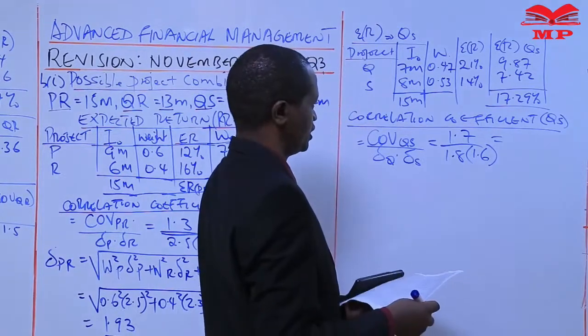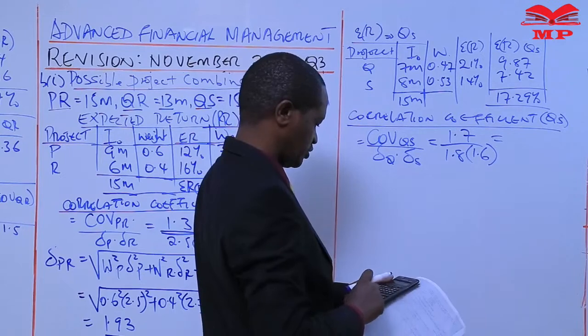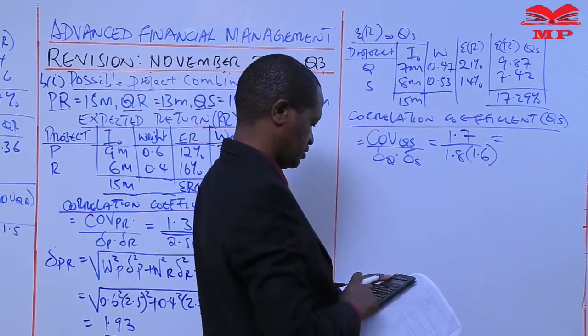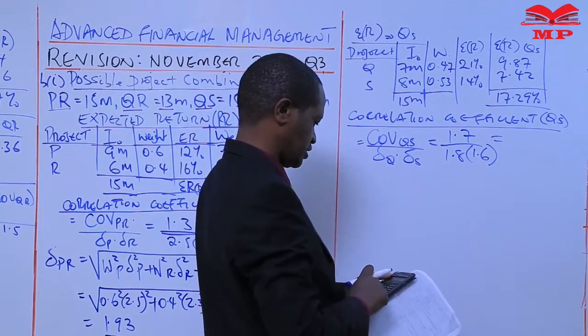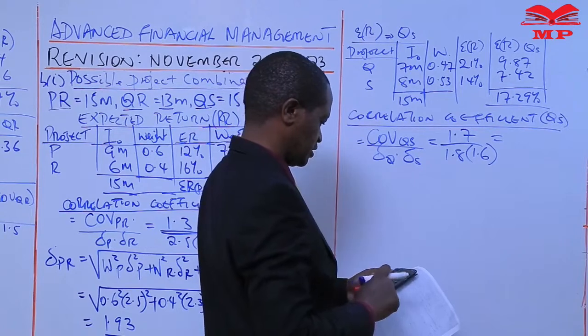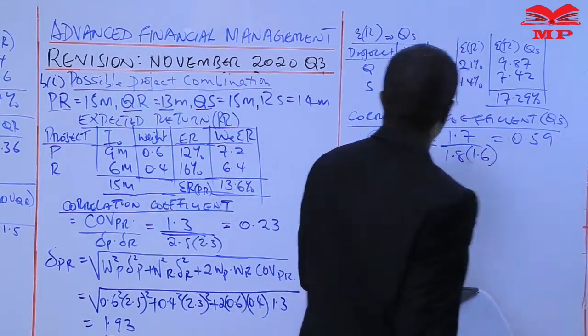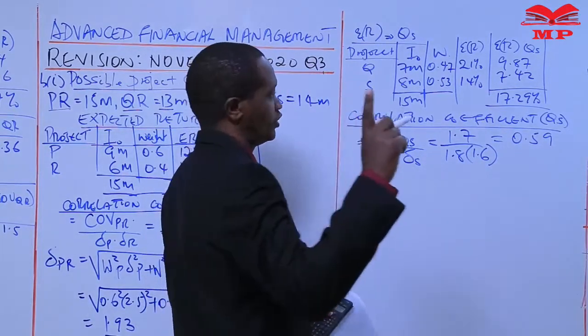Therefore, the correlation coefficient for portfolio QS will be 1.7 divided by 1.8 times 1.6. This is equal to 0.59, the correlation coefficient for the portfolio QS.